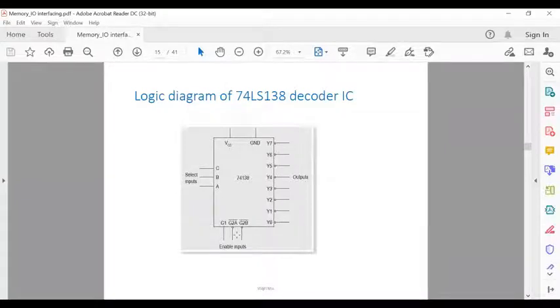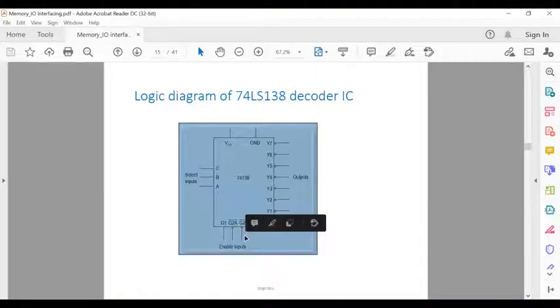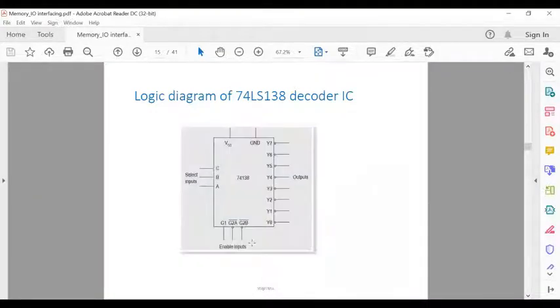Only when G1 is equal to 1 and G2A bar and G2B bar are equal to 0, only at that time does the IC function as a decoder. Under this condition, depending on the value of the select inputs, one of the outputs will be low, that is logic 0.